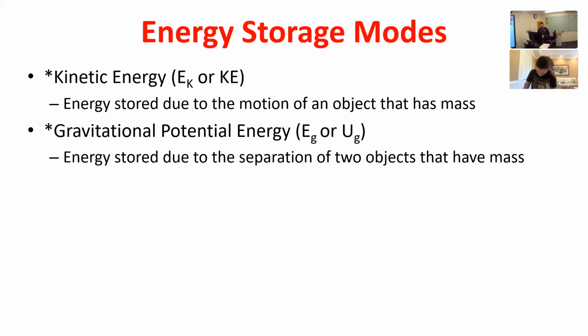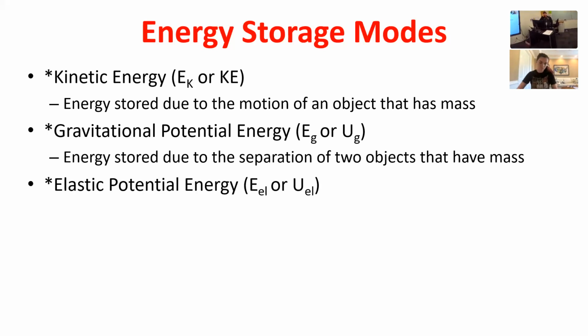All right. The next form of energy is elastic potential energy. And you'll often see this as E with EL, so energy that is elastic. But because it is a kind of potential energy, you'll sometimes see it as U for potential energy with EL for elastic.